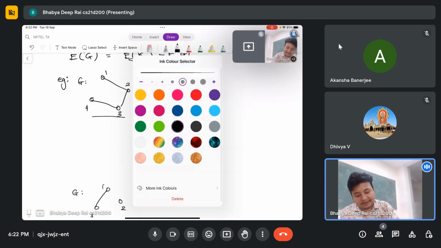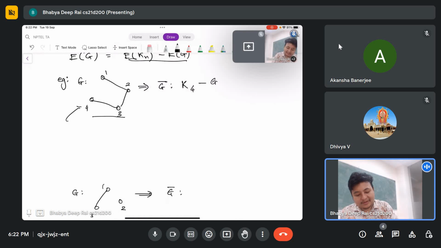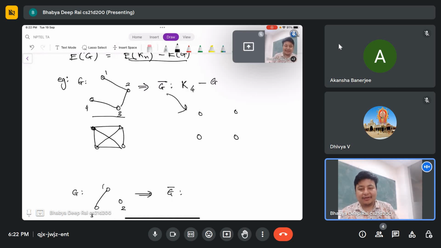Here I have an example of a graph on 4 vertices. This is what I call G. I will draw a complete graph on 4 vertices. Now, in order to form G bar, I'll keep the vertex set the same, and I'll remove all the edges that are in common. I'll name the vertices 1, 2, 3, 4.